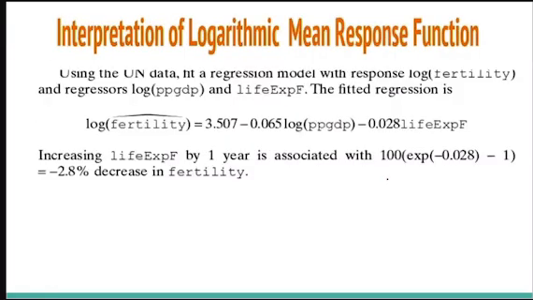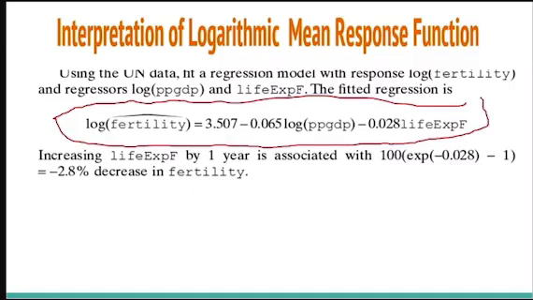Now I want to come back to the United Nations data. Look at the estimated mean function. This is a logarithmic mean function, but let me tell you this: the response variable is logged, and one of the explanatory variables is log. Please pay attention. If I want to do interpretation, I do it for the explanatory variables one at a time.